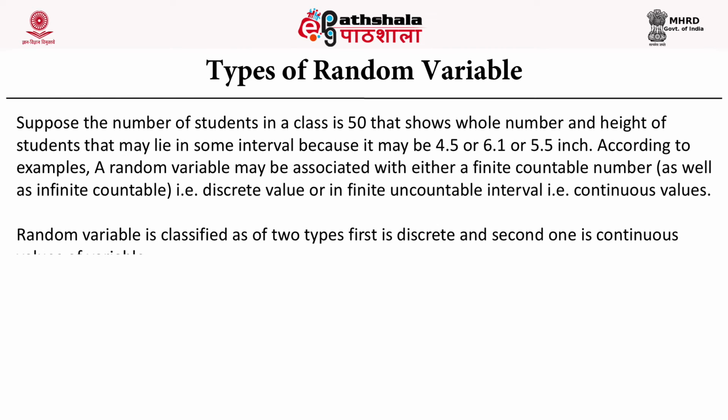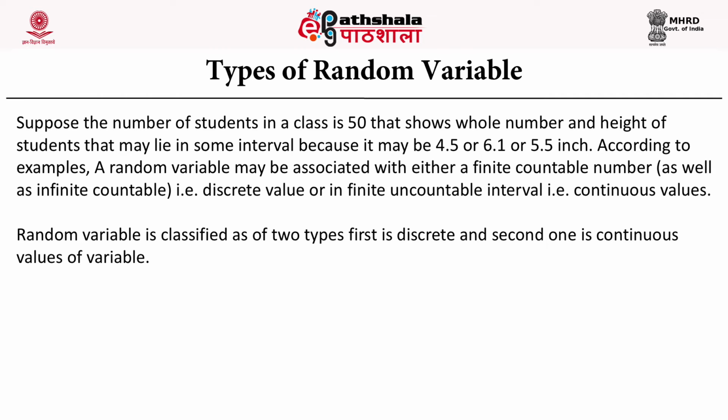That is a whole number, and the height of students may lie in some interval, because it may be 4.5 or 6.1 or 5.1 in feet. According to this example, a random variable may be associated with either a finite or countably infinite number, that is discrete values, or an infinite uncountable interval, or continuous values.